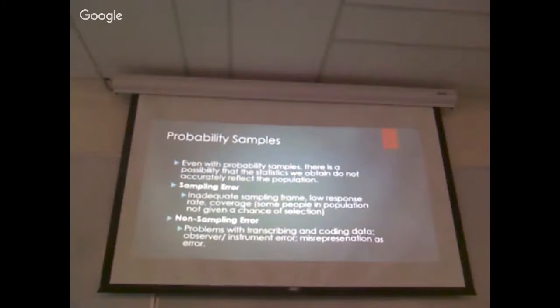The problem is you don't know that the 15 or 20% of people who responded aren't somehow different from the whole population you're trying to sample. Would they be a specialized subgroup of that population? We still deal with this when we gather online samples.